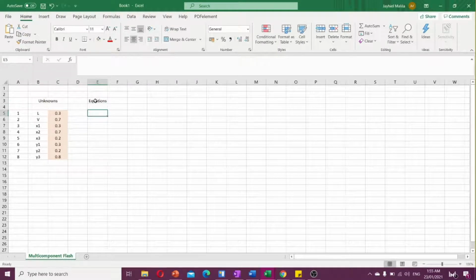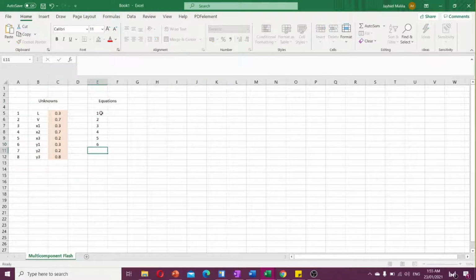For the equations, what we're going to establish are the following. This one. So we have 1, 2, 3, 4, 5, 6, 7, 8. We have 8 equations that we need to use, but we have 9. So we have an extra equation.